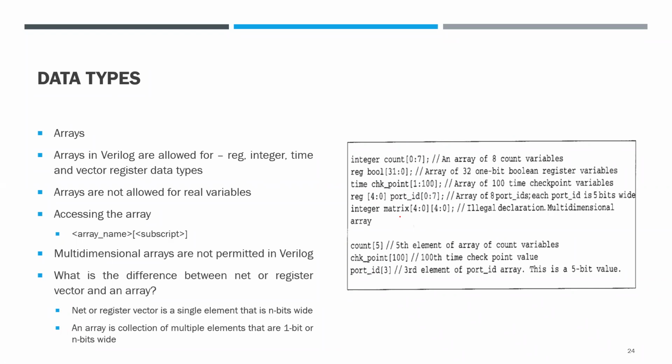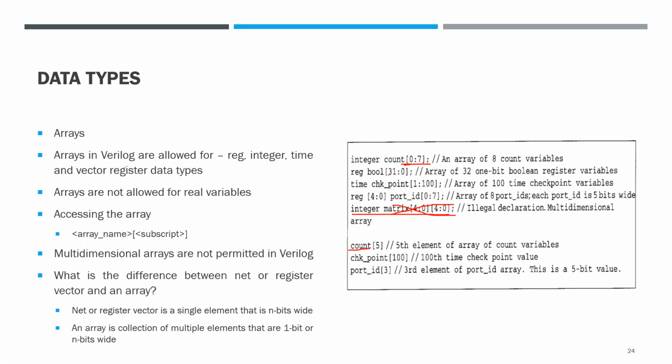So next, see what we have done is, here he has specified a multidimensional array. So this is not permitted. You cannot have a multidimensional array in Verilog. Then if I want to access, say, one specific element in an array, how do I access it?